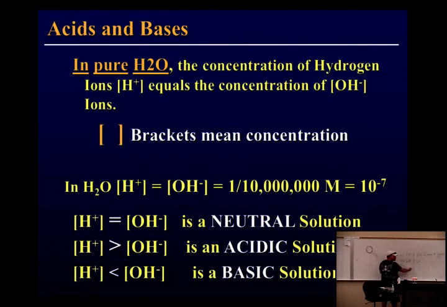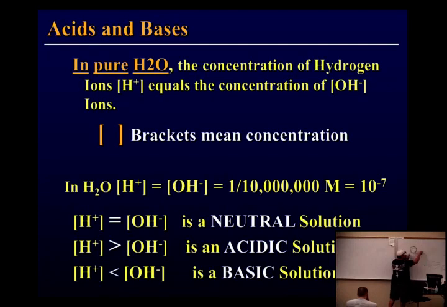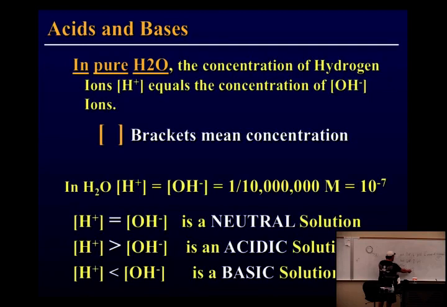Because we know that this is water. So we know that anytime one of those is formed, how many of these are formed? One. Because this is only formed if this comes off. It's a 1-to-1 ratio. They always have to be equal in pure water, right? There's no way I could create extra hydrogens. So H plus equals OH minus. Together you multiply them, and that's the same as adding, because if you multiply exponents, you add them.